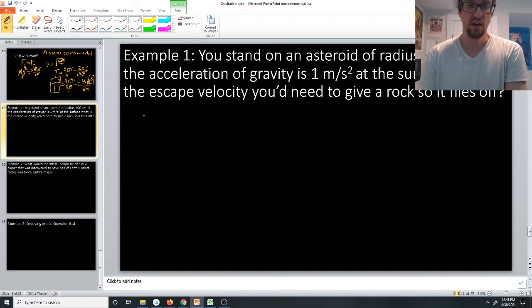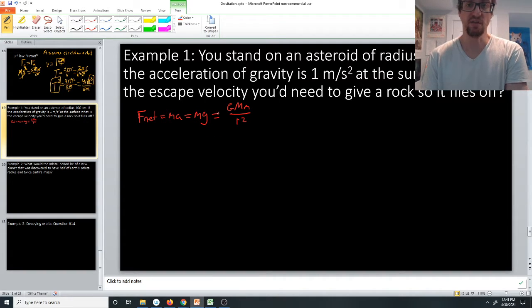It means that in free fall, F net equals ma, which is equal to mg, which is equal to GM over r squared. Both of these are downward.